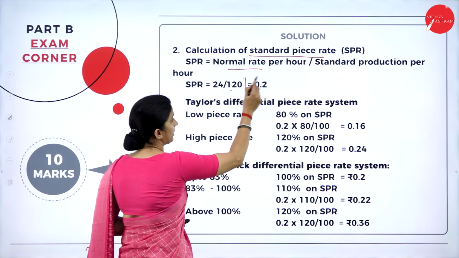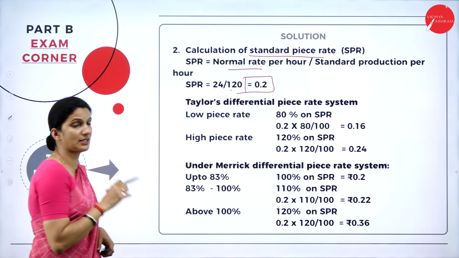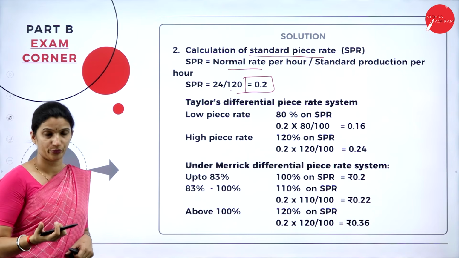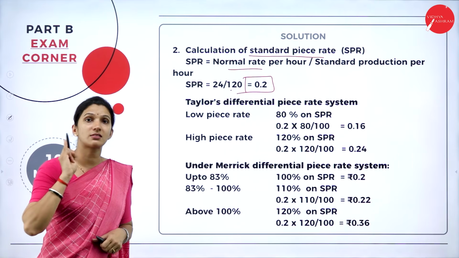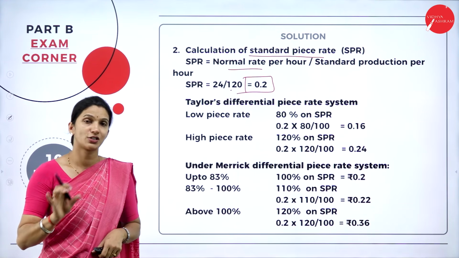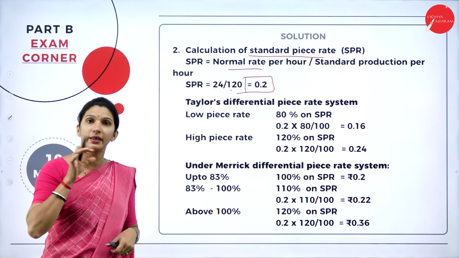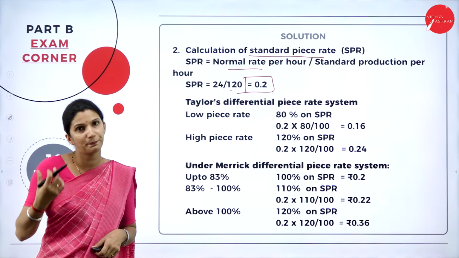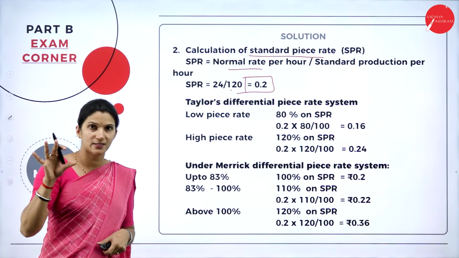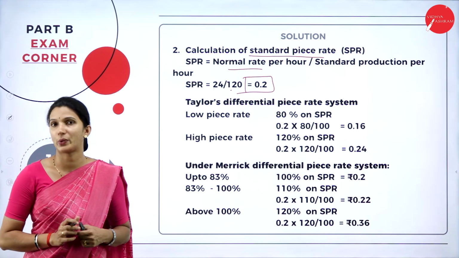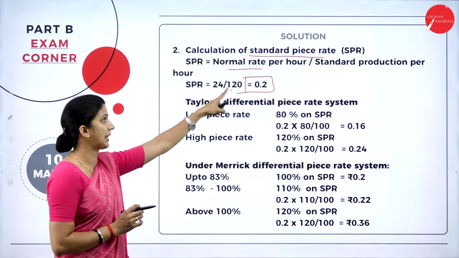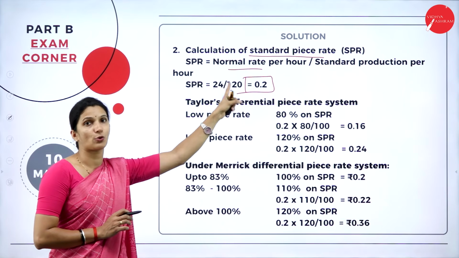So your standard piece rate, that is SPR, is 0.2. Always, the second important calculation we have here is the standard piece rate: normal rate per hour, 24, divided by production per hour, 120 units. So your standard piece rate is 0.2.